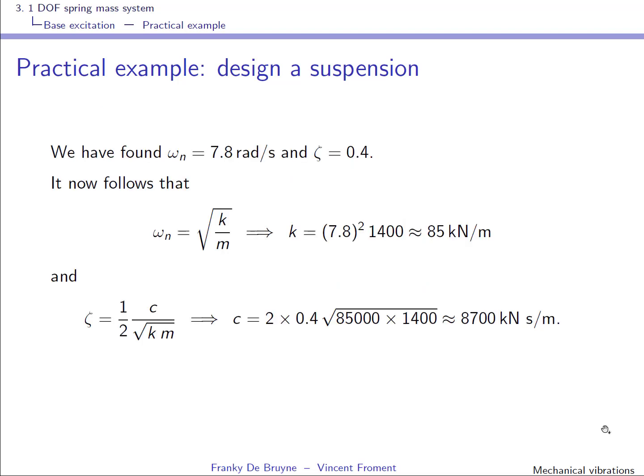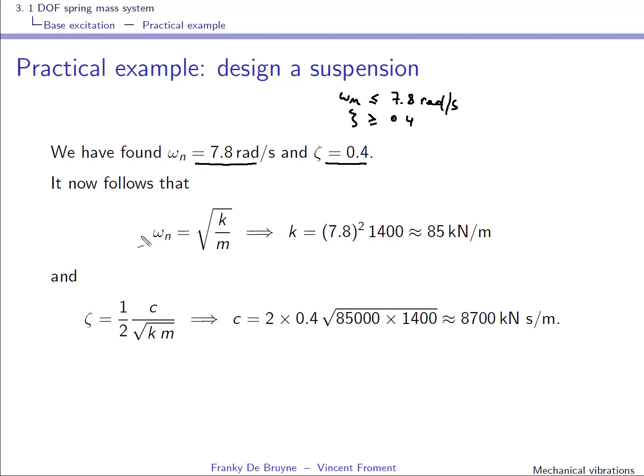Well, we had seen previously that the natural frequency omega n should be smaller or equal to 7.8 radians per second, and that zeta should be larger or equal to 0.4. So we'll take the limiting values.